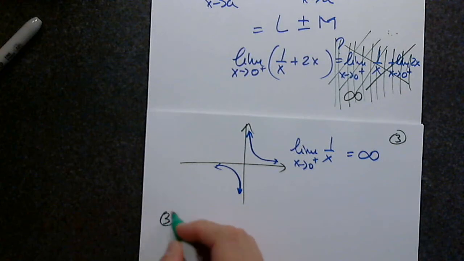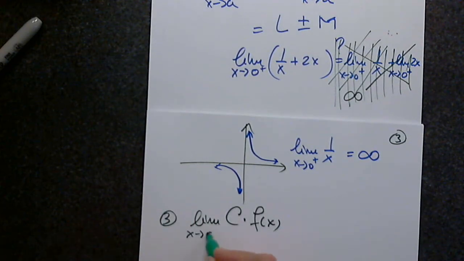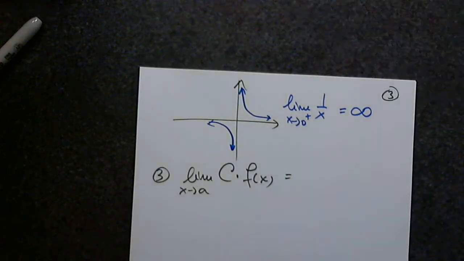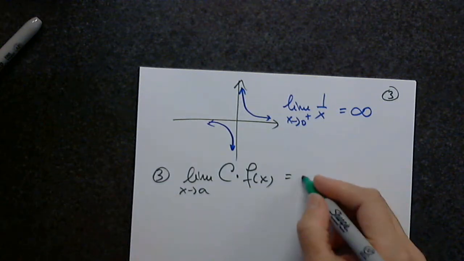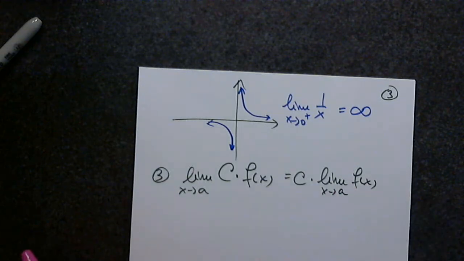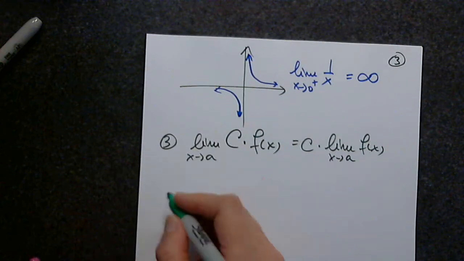Okay. Number 3. Limit of a constant times a function as x approaches a. Common sense, what do you think this would be? The constant term. Very good. Times the limit of f of x as x approaches a from either side. Number 4.